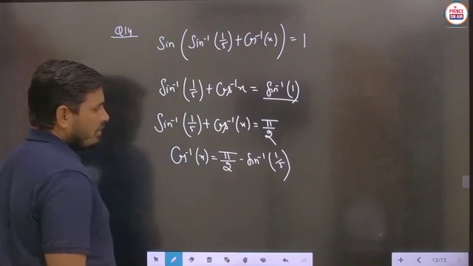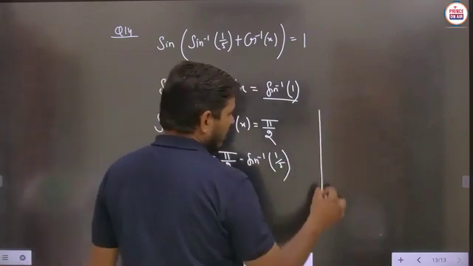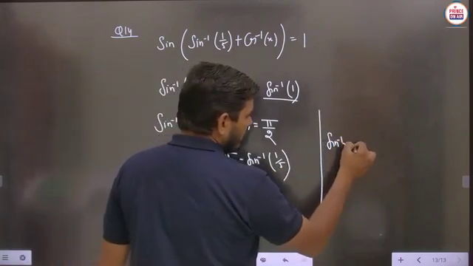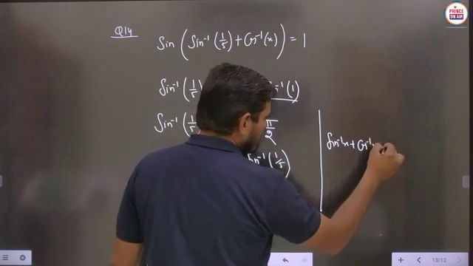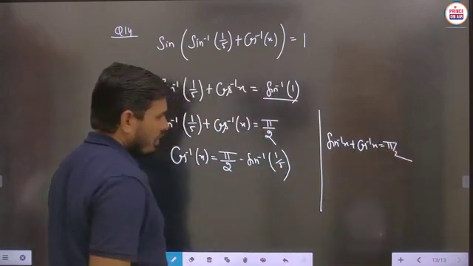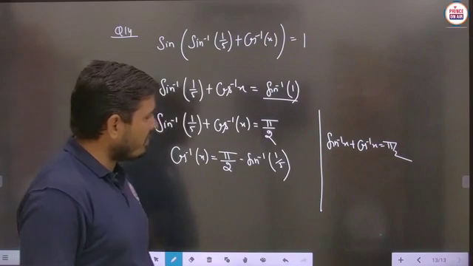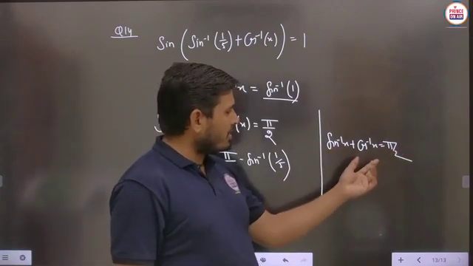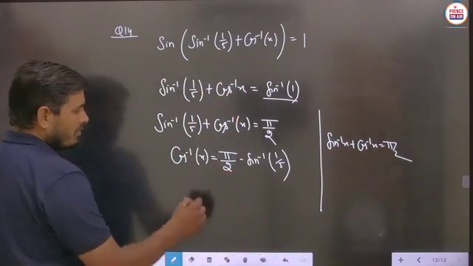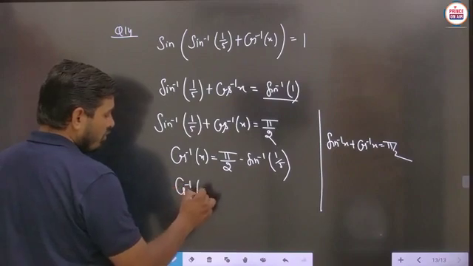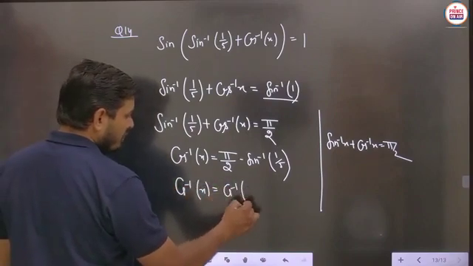So finally you know very well this property, sin inverse x plus cos inverse x equals pi by 2. So definitely pi by 2 minus sin inverse 1 by 5 will be written as cos inverse 1 by 5. Is it clear?